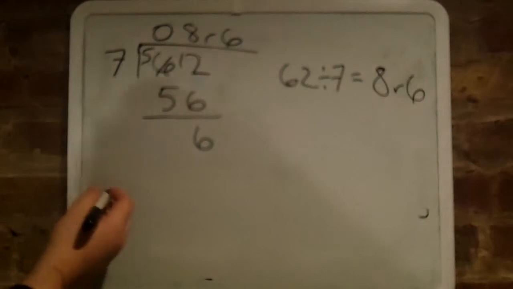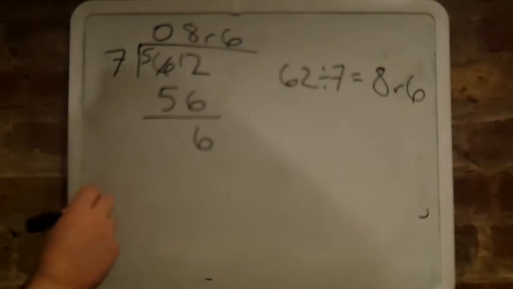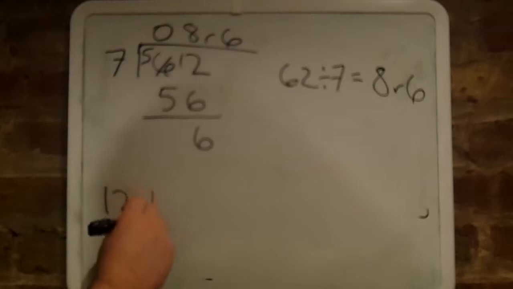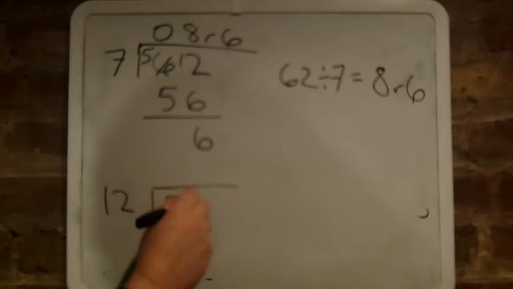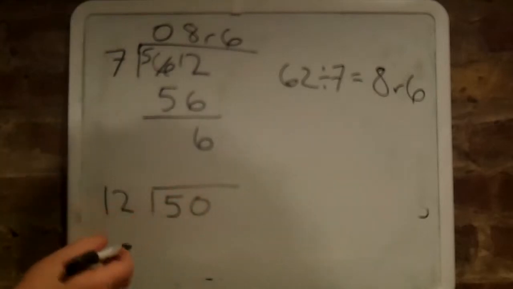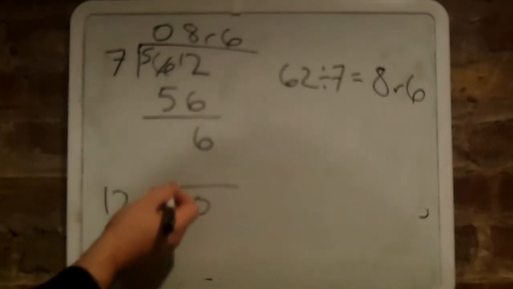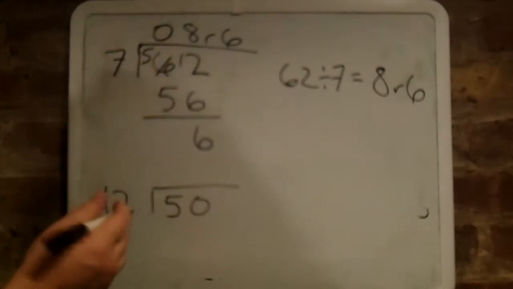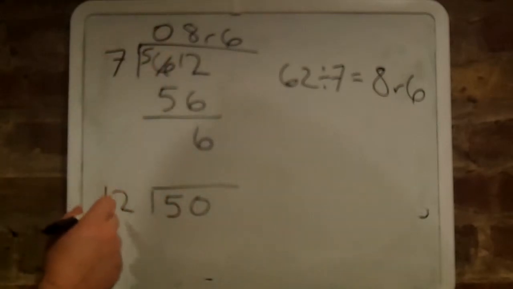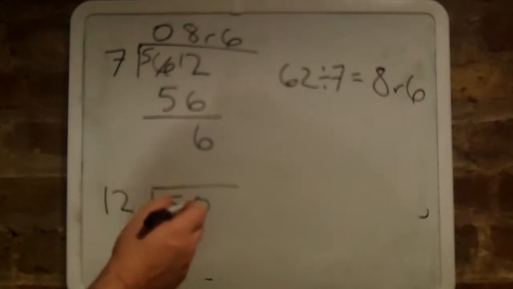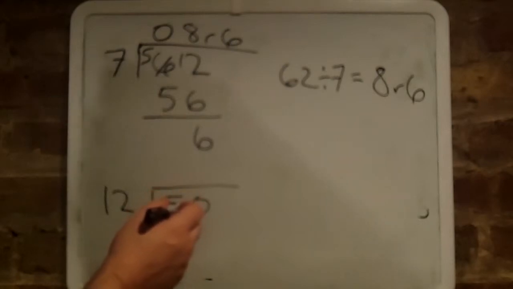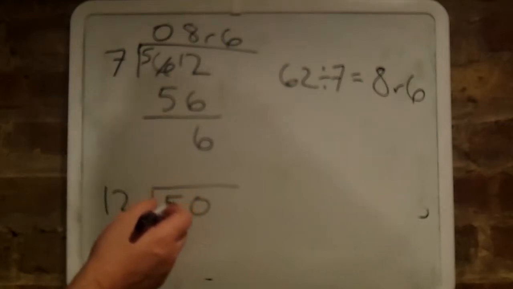And one more like that. If we have, oh, I don't know, 12 going into, say, 50. 12 won't go into 5, so that would be a 0. We don't technically have to write the 0, I was just doing it up there to make it clear. So 12 won't go into 5. Does it go into 50? Yeah. So we would say 12 times 2 is 24, 12 times 3 is 36, 12 times 4 is 48, 12 times 5 is 60.